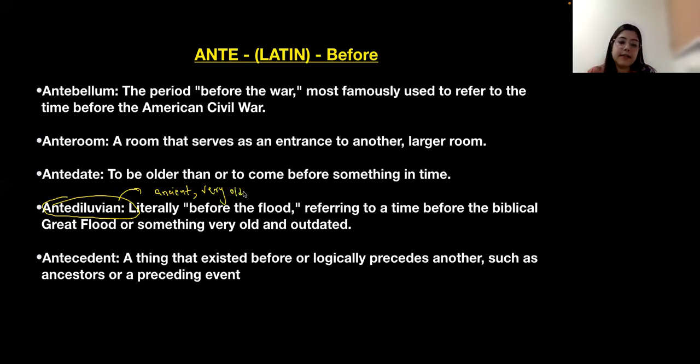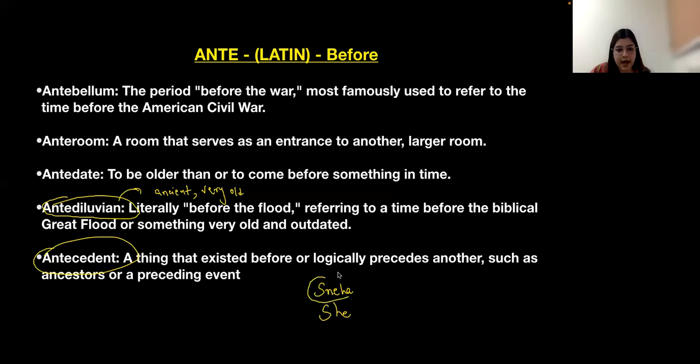Antecedent, a thing that has existed before or logically precedes another. This is a word that is used in English grammar a lot. For example, if I say there is a noun, Sneha, and then I use a pronoun to refer to Sneha, I say she.